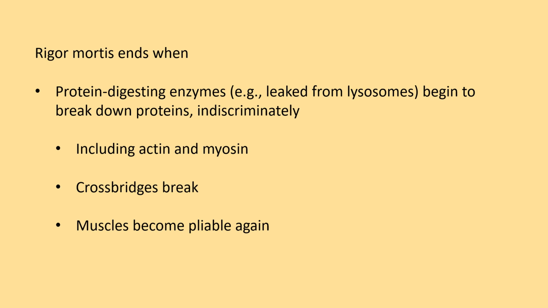I just explained this on the previous slide. Rigor mortis will end when these protein digesting enzymes indiscriminately break down proteins, including actin and myosin, and that's when the muscles become soft and pliable again.